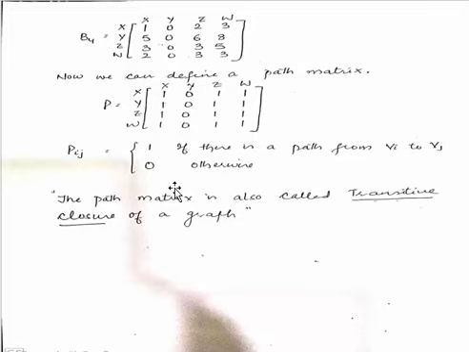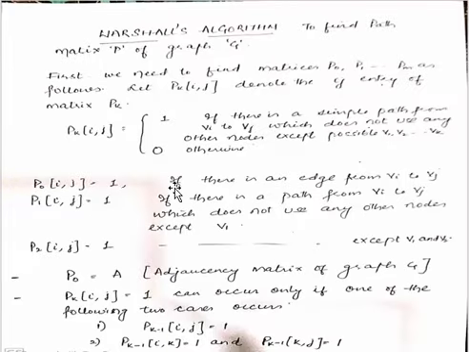Okay. So this was one way. Then there is another way, called Warshall's algorithm, to find out the path matrix. Okay. Now, with the help of Warshall's algorithm also, you can find out the path matrix. For that, I need to make one formula. What is that? Here I have written Pkij.